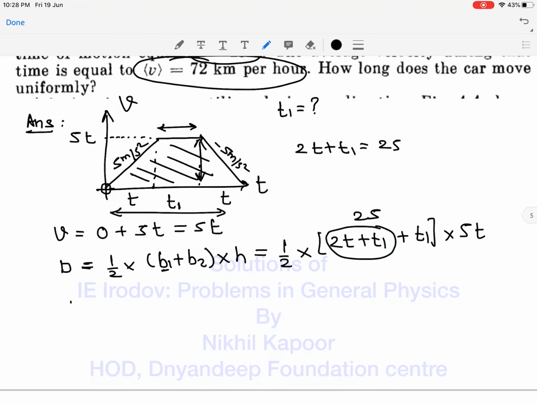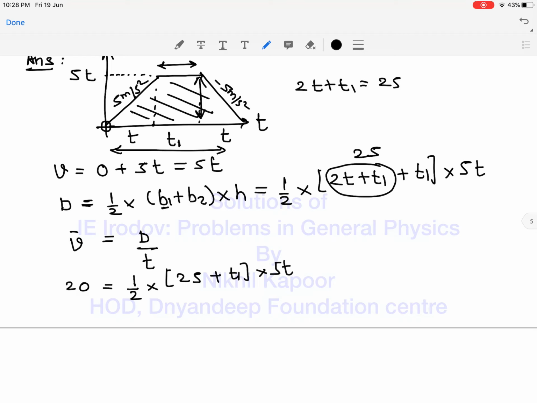We know that average velocity is nothing but total distance upon total time. As this is 20 meter per second average, and total distance is the area under the graph that we have calculated, it will be half into (25 plus t1) into 5t, divided by total time taken, again 25 seconds.